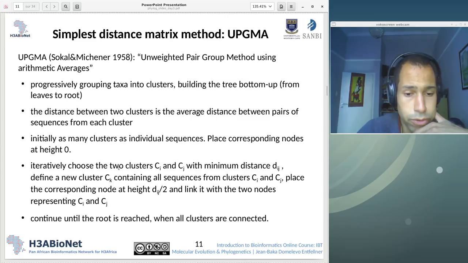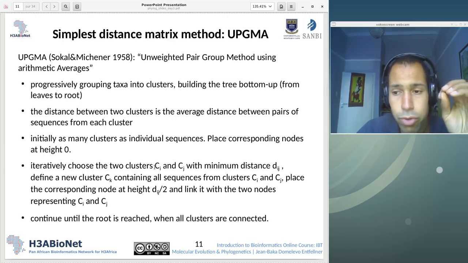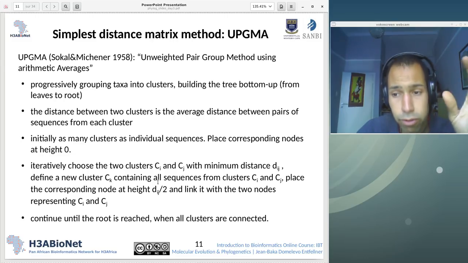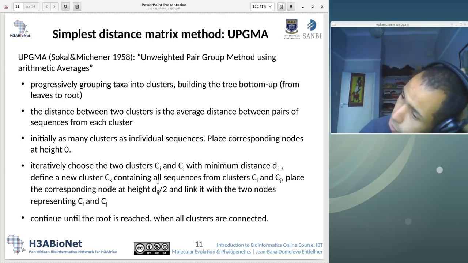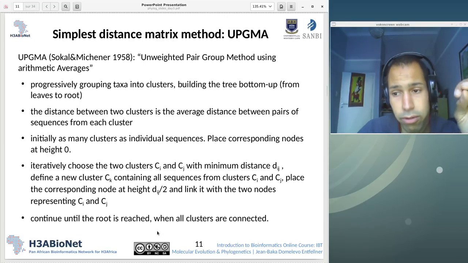Iteratively choose the two clusters Ci and Cj. So let's forget about this for 1 second. The rule is that you're going to say, okay, at any given time when I need to add a new branch, I'm going to try and see what are the two closest taxa. Okay? At the beginning, we start with taxa. So you're going to say, what are the two closest taxa, meaning what is the minimum distance in my current matrix of distances.